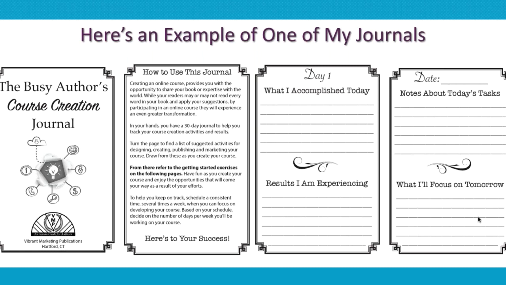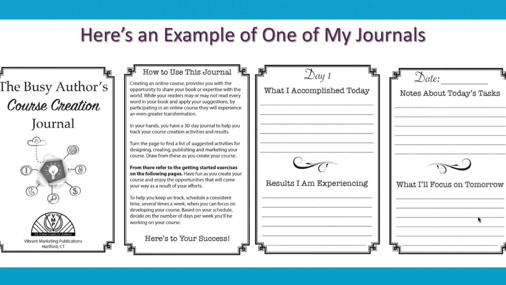So it says the Busy Authors Course Creation Journal, and then it has an image, and then it has my logo, etc. So every time I create a new topic, the only thing I change is that center image below the word journal, and the italicized text where it says course creation. I would just put in book marketing or virtual book tours or whatever the topic is.